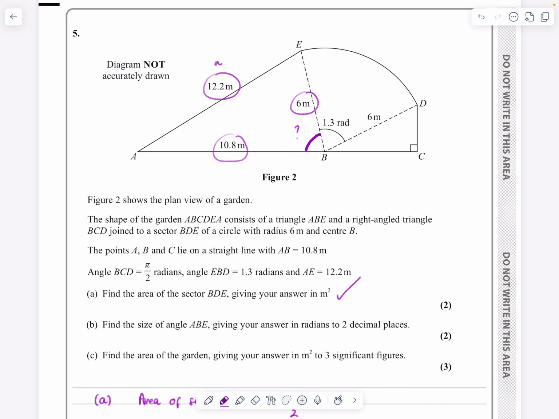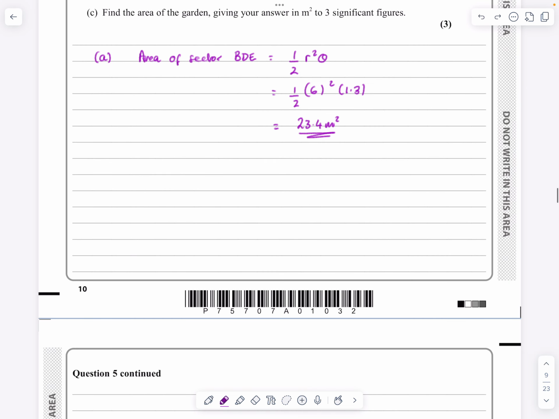With this being A and then B and C being, doesn't matter which way around we do B and C. Okay, let's tell the examiner what I'm doing. Let's get rid of those things off the diagram. So for part B, using the cosine rule, which is cos A equals B squared plus C squared minus A squared all over 2BC.